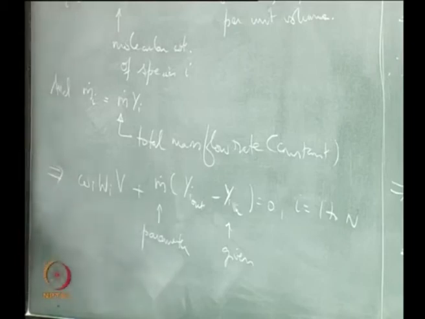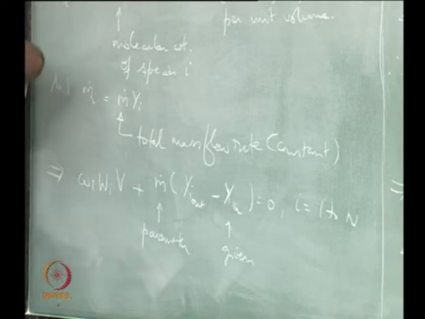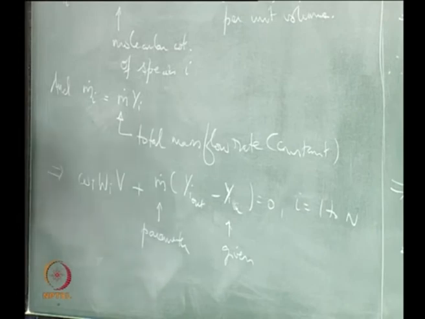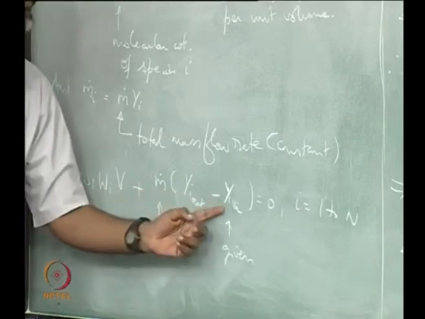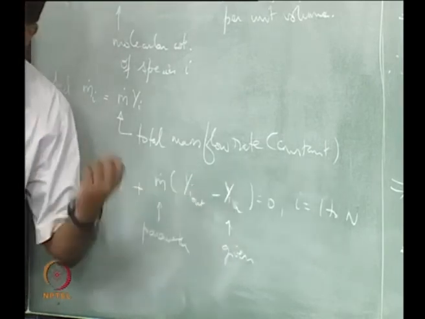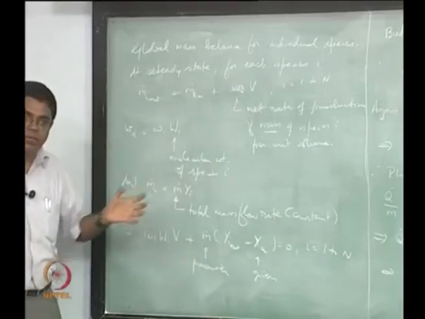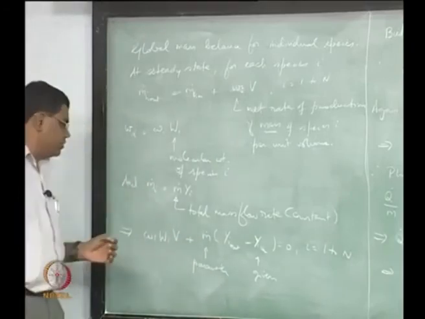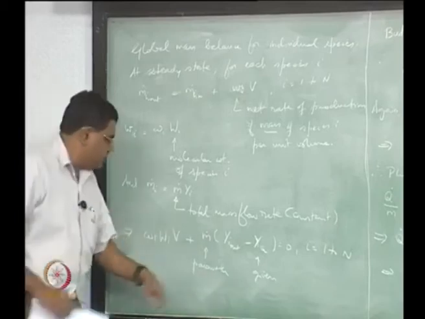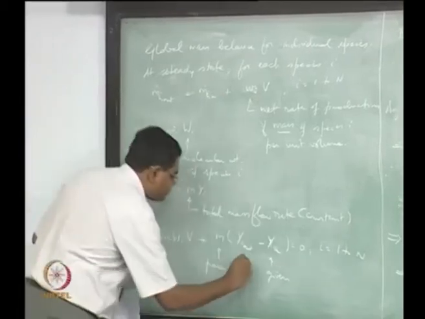Okay, that means you can send in a particular composition of reactants at any level of mass flow rate. You can have a large mass flow rate of the same composition or a small mass flow rate of the same composition. Yi in for I equals 1 to n will refer to the composition that is sent in. M dot will actually refer to the size, how much you are trying to push in through this, right. So this is given, this is what you are trying to look for.